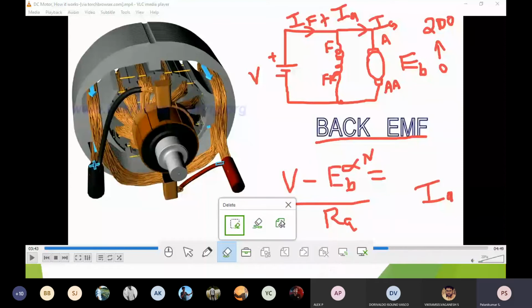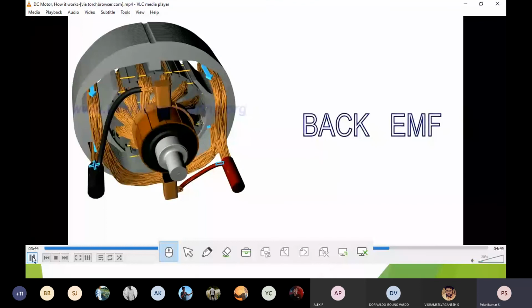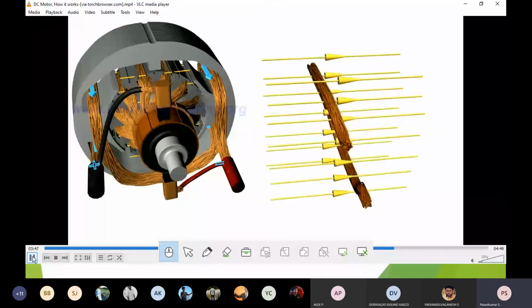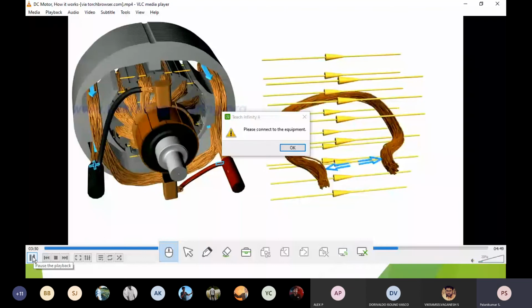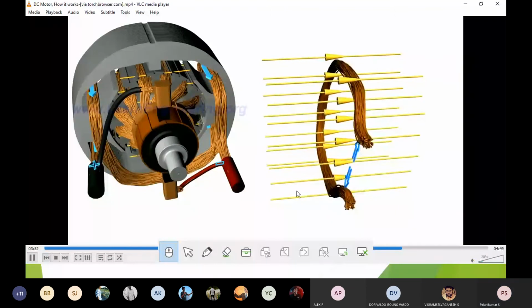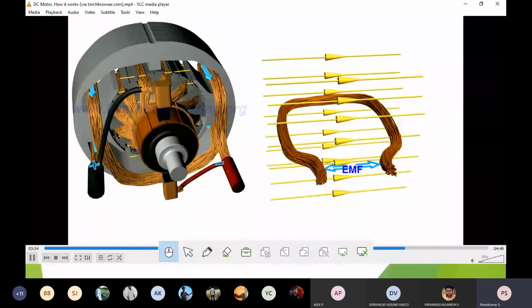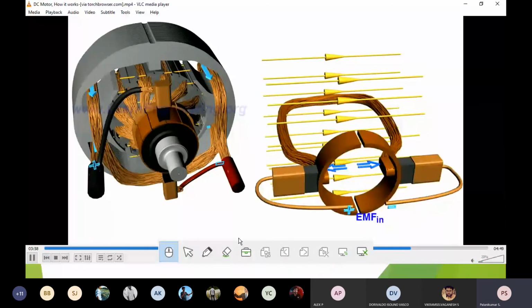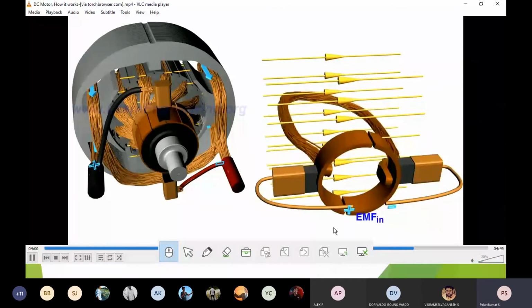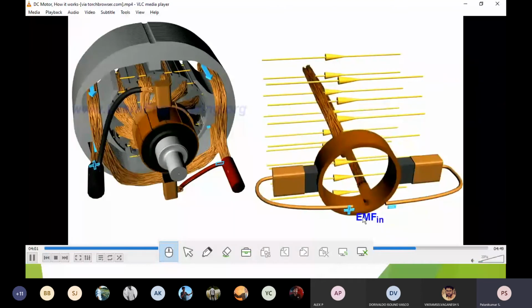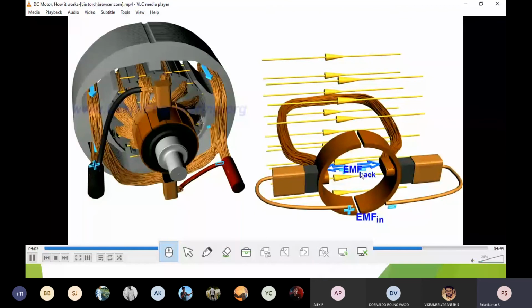We'll go further. So this is the electromotive force, EMF. Actually, inside there is a back electromotive force.